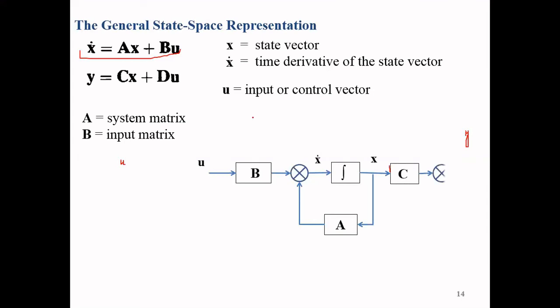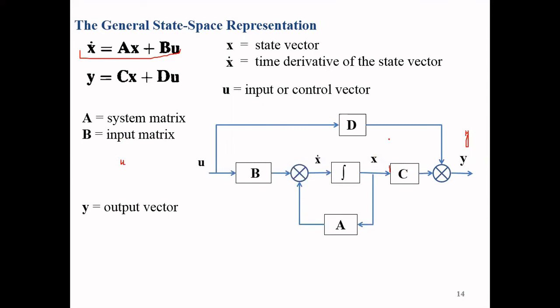A is the system matrix and B is the input matrix. Cx will be added with Du to get the output y. So this is our general state space representation. C is the output matrix and D is the feed forward matrix.